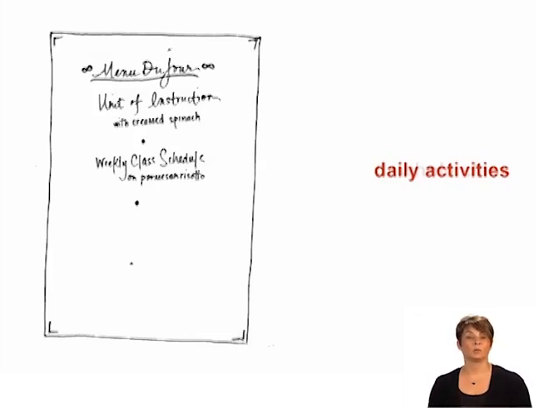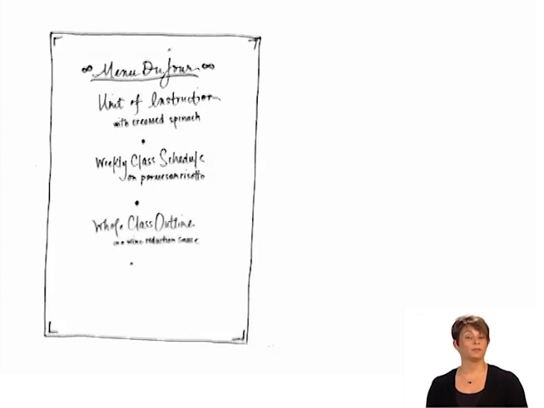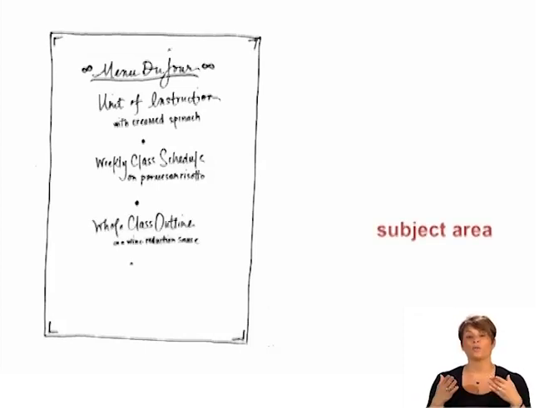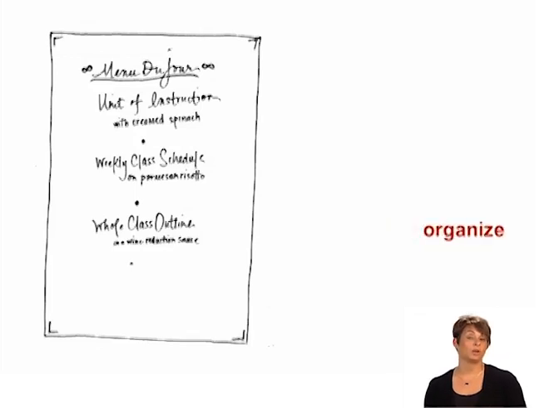The weekly schedule carves out time for whole class instruction and work time. Once the weekly schedule is developed, the teacher prepares a whole class outline for each subject area. The whole class outline helps the teacher organize what will be taught during whole class instruction and ensure that what is taught is aligned to the standards-based objectives for the week.